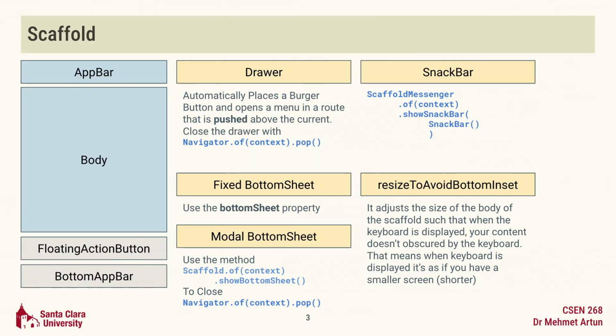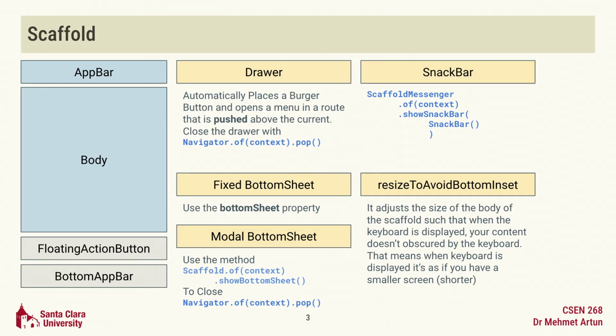And this, remember we talked about the bottom, the view inset, right? Resize to avoid bottom inset is something that you can give the scaffold, right? Because remember, the scaffold is thinking that he's occupying all this space. He's occupying the space from here to here. And then what it's doing is it's painting the bottom app bar. The floating action button sits somewhere there.